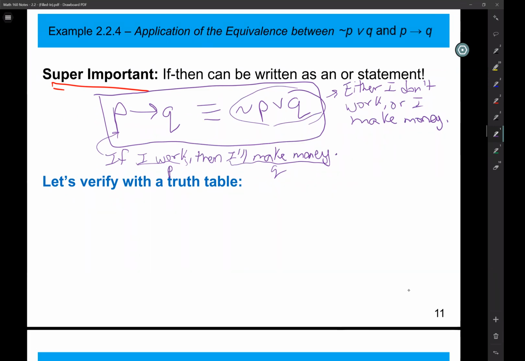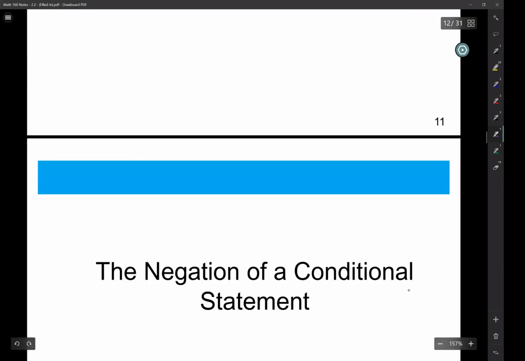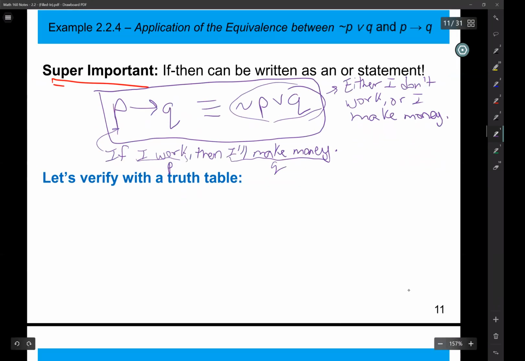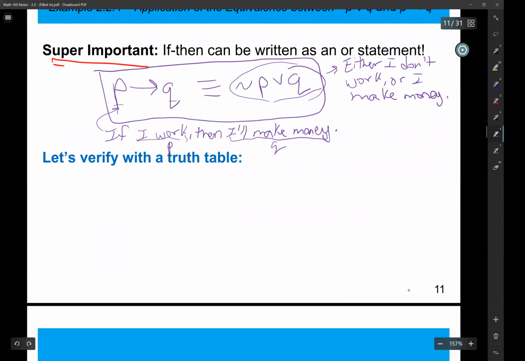So let's prove that with a truth table. How do we do that? Well, we have just two things here, P and Q, so we build a truth table. Here's P, here's Q. These are the automatics: true, true, true, false, false, true, false, false.